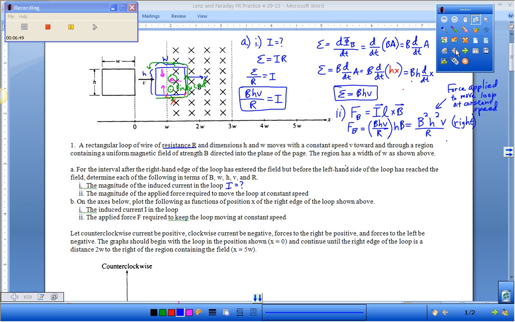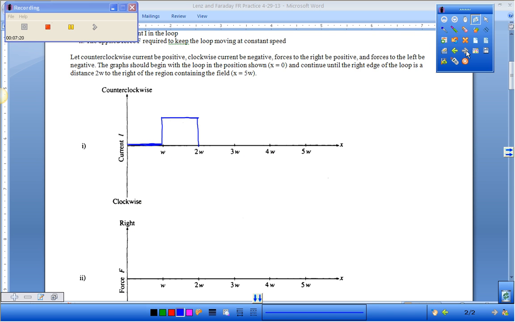So the whole time this front edge is making its way into this material until this whole thing is now between W and 2W, I'm going to have a change in flux, so I'm going to have that current, and I would have this force. Once it's in here, once this back edge gets to W, as the front edge moves from 2W to 3W, I'm not going to get anything because now my flux isn't changing. So there's no current, nature is happy, life is good. So from 2W to 3W, I go right along and get back to 0.